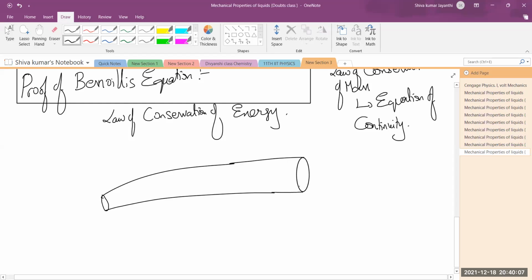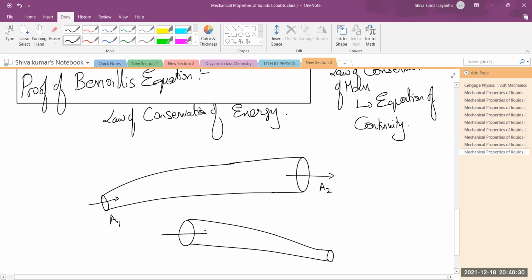Now we have liquid entering through this narrow surface, whose surface area is A1, and coming out from this surface area A2. Or vice versa can also happen. It could travel from this bigger surface and come out from a smaller surface. Either of these can happen.